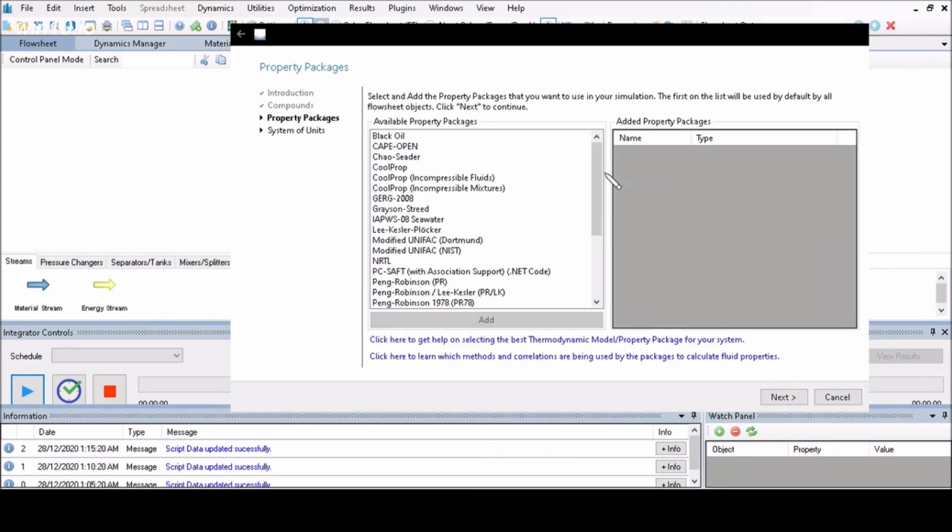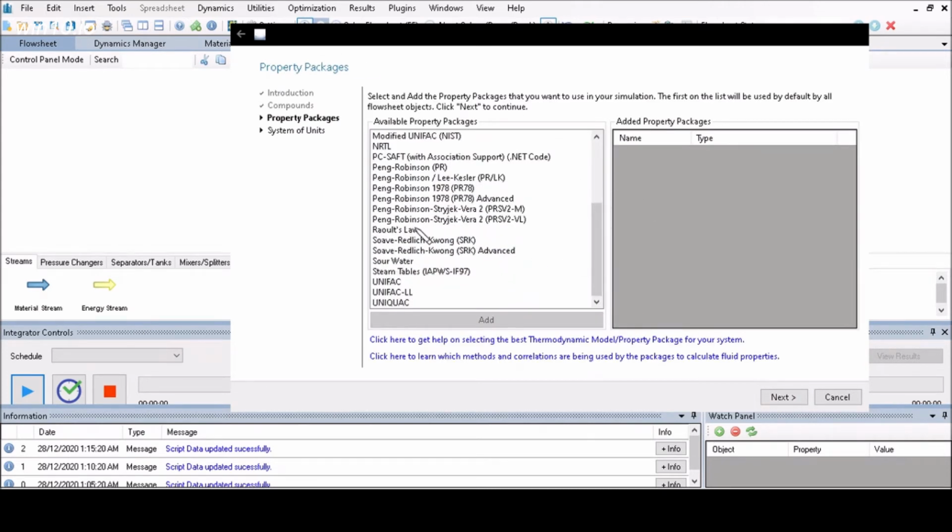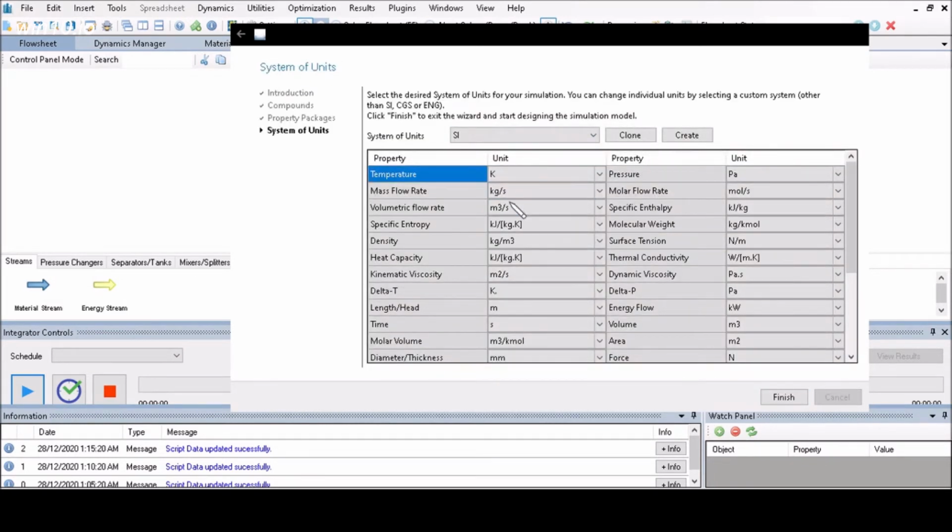For our property package, we use Raoult's law. And for our units, the values in the problem are stated in kilomoles per hour, so we could use this since it is given in kilomoles per hour.